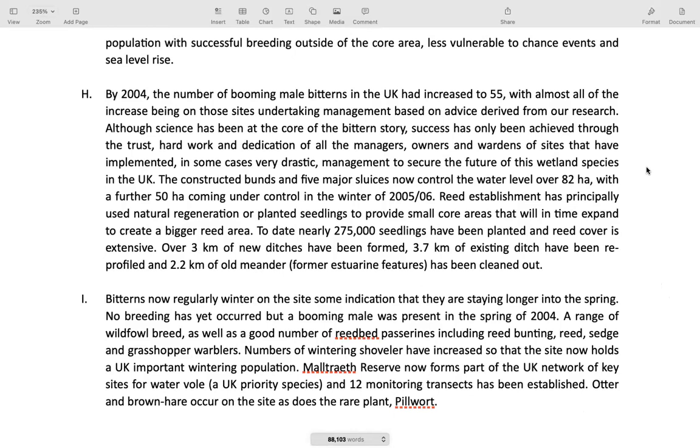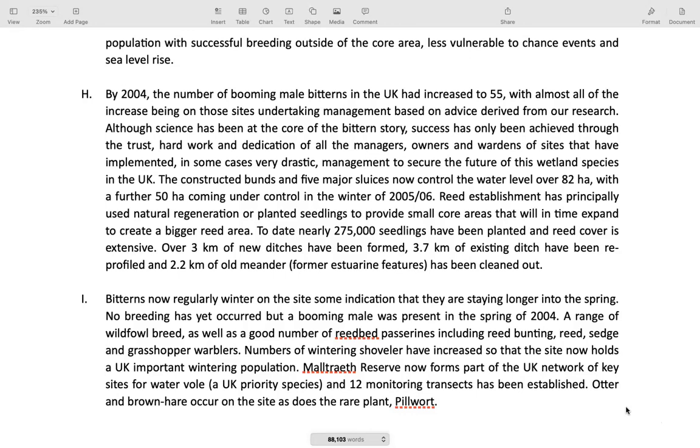Grasshopper warblers. Grasshopper is an animal, right? Not a vegetation. It's a mammal. No, it's an insect, I think. What are mammals? Whose science is good? Mammals are a group of animals that feed their young with milk, which give birth to young ones and don't lay eggs.